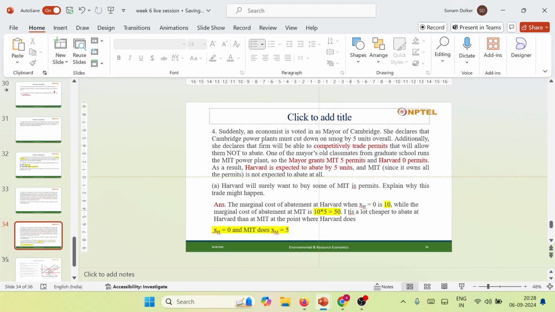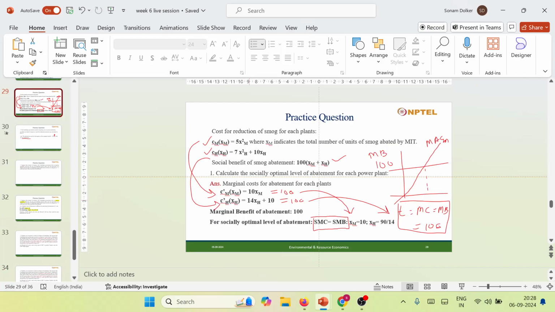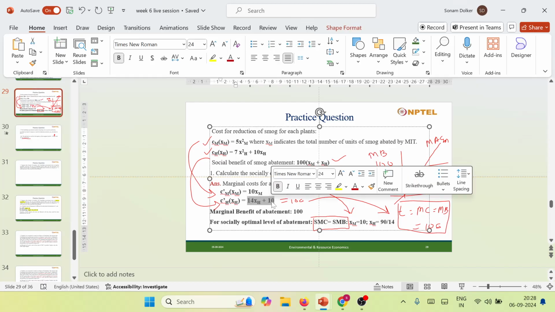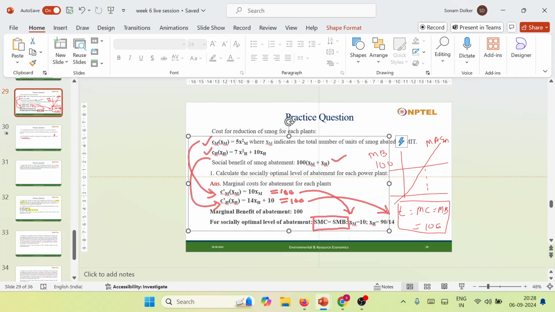And if the Harvard plant has to abate 5 units, then the equation for the Harvard plant will be 14 into 5 plus 10. So this cost will be very high. So rather than abating itself, the Harvard plant will choose to buy from the MIT plant. So that is the conclusion, right?